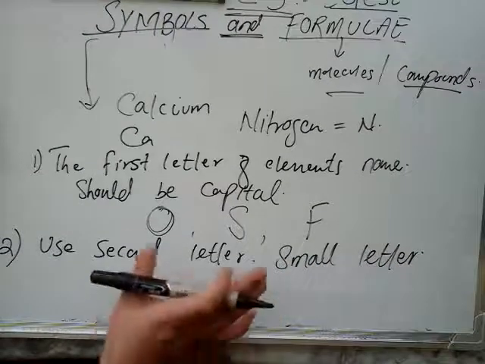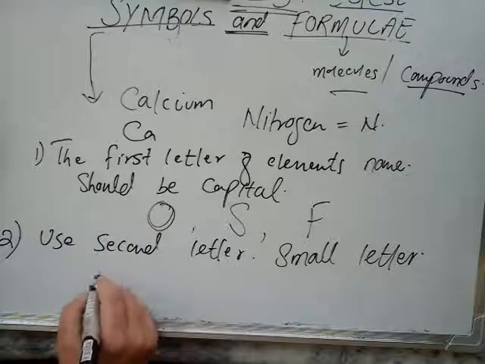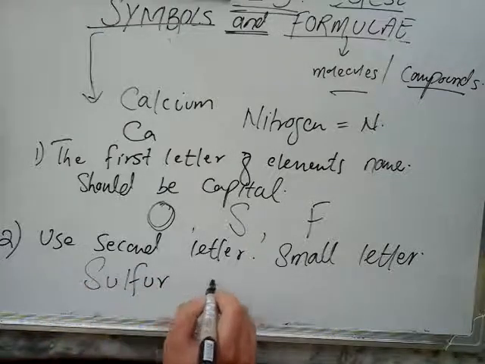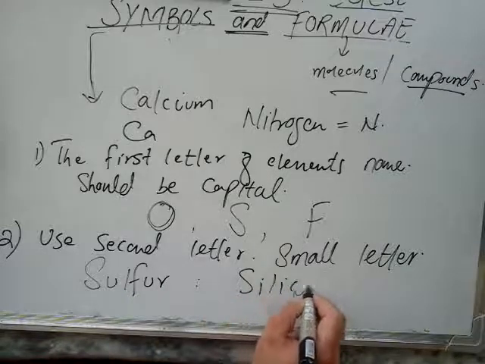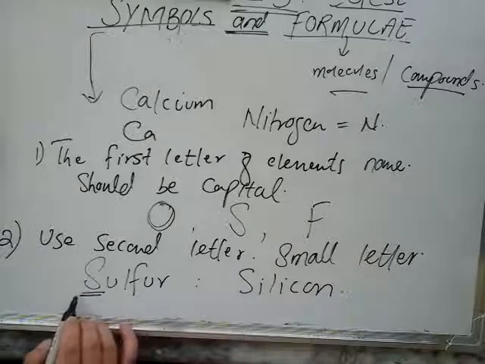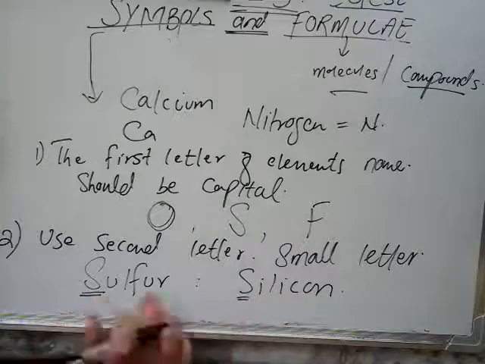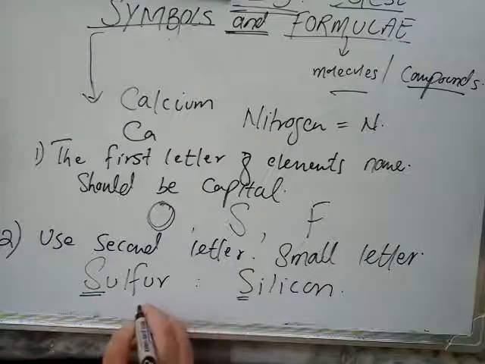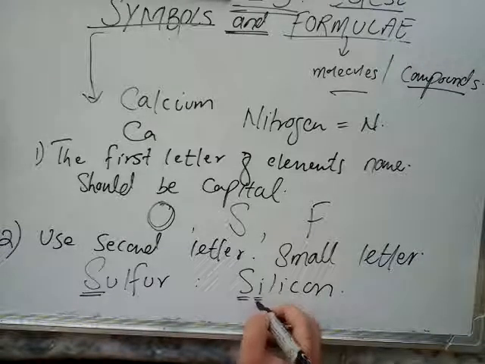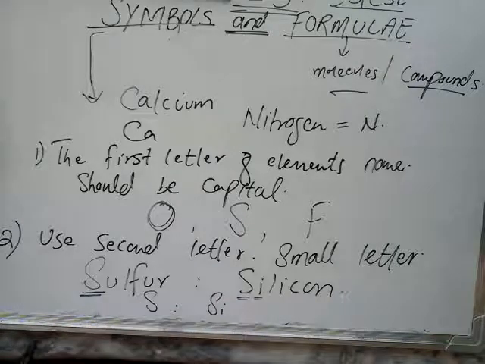For example, if there are two elements that start with the same capital letter, like sulfur and silicon. Here both elements have the same initial letter, S. So in order to differentiate these two elements, what shall I do? I will use the second letter. The second letter must be a small letter.